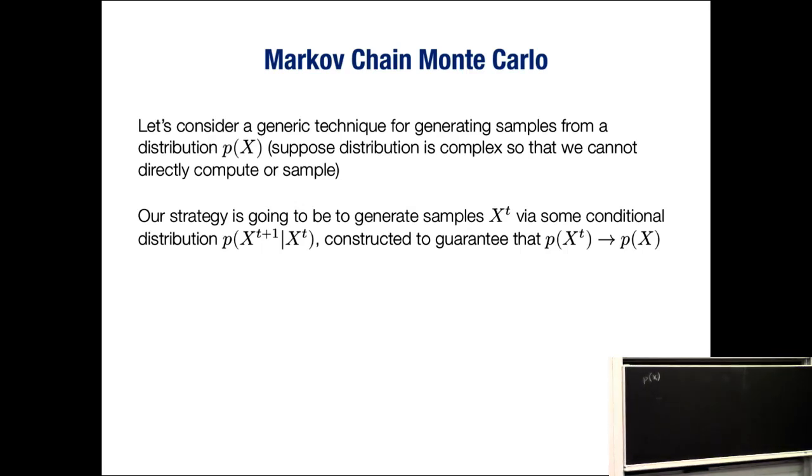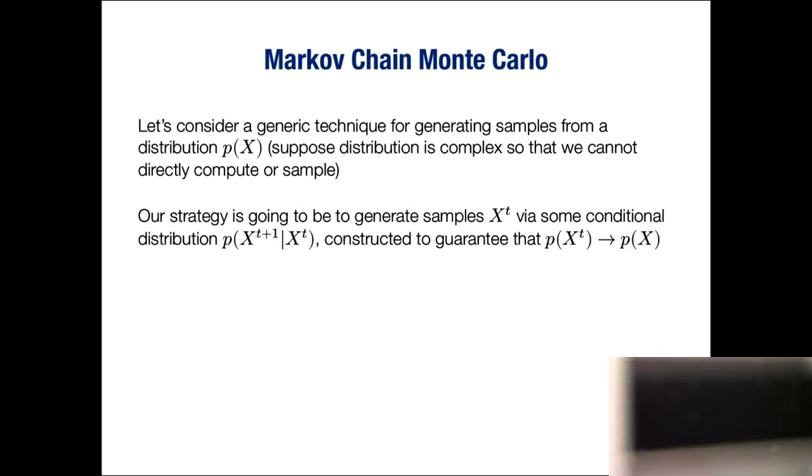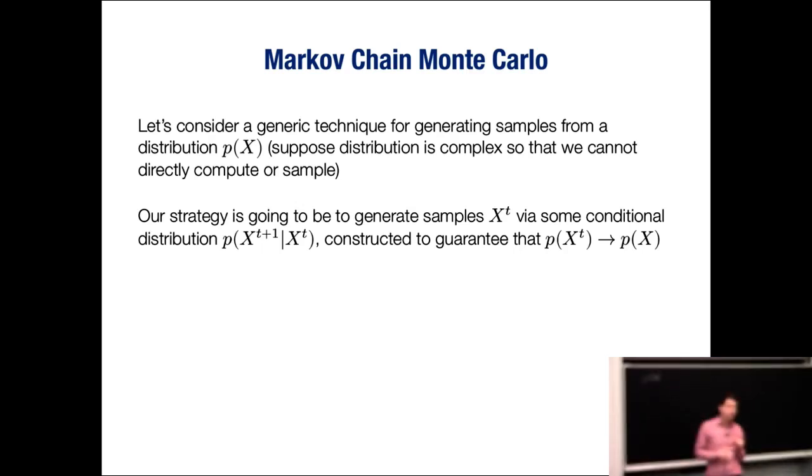So I'm going to actually forego for a moment any sort of notion of graphical models. I'm going to ignore that and just talk about distributions in general, because that's how I'm going to present the Metropolis-Hastings algorithm. So you have some distribution P of x that we want to sample from. The way we're going to do that is we're going to construct what's called a Markov chain. Now, I don't want to detail too much about the properties of Markov chains here.